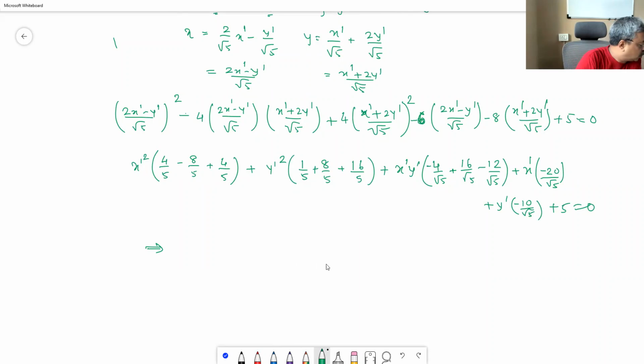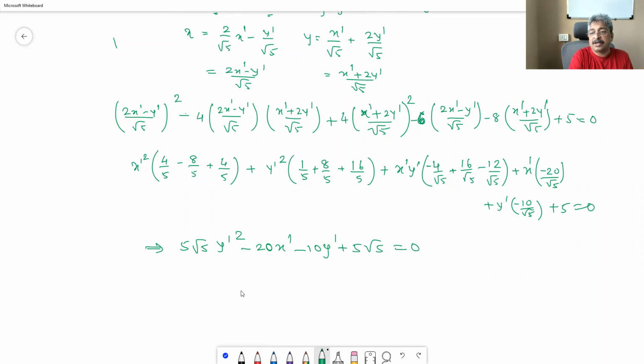Correct. So your expression is 5 root 5 times y dash square minus 20x dash minus 10y dash plus 5 root 5 is equal to 0. Okay, so this is after rotation.